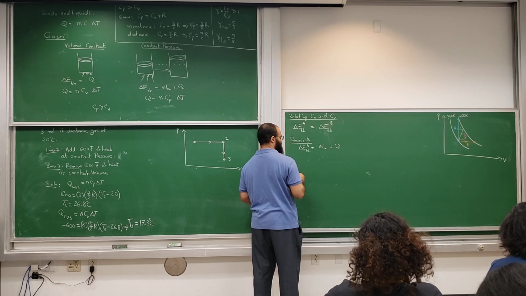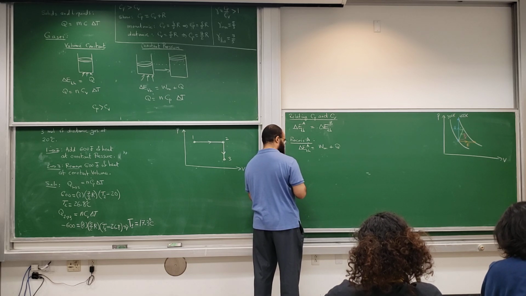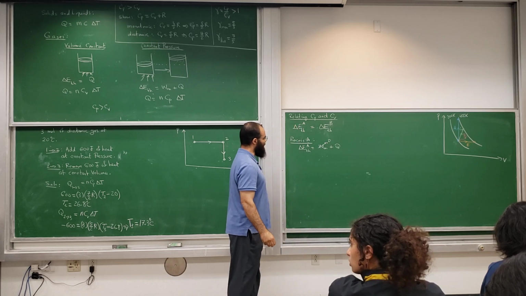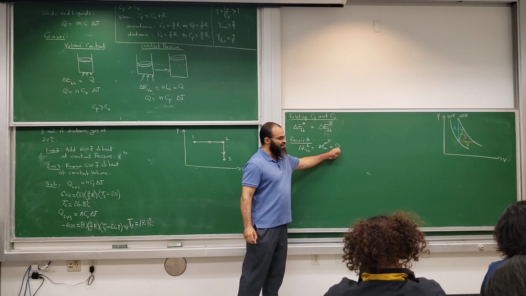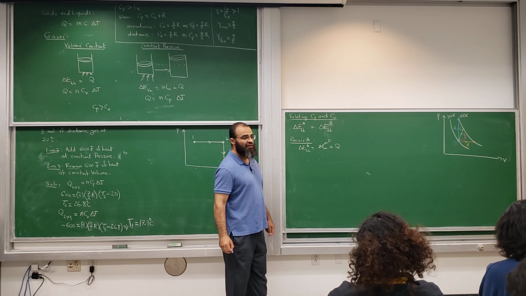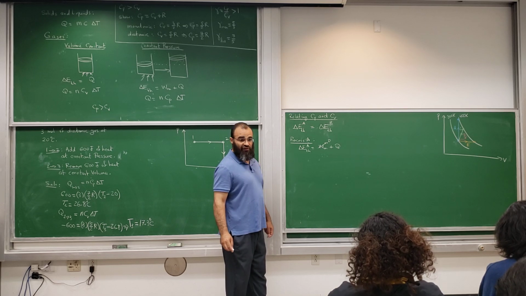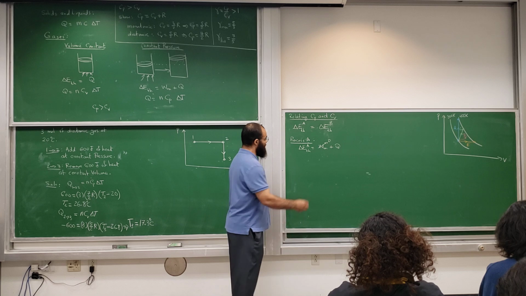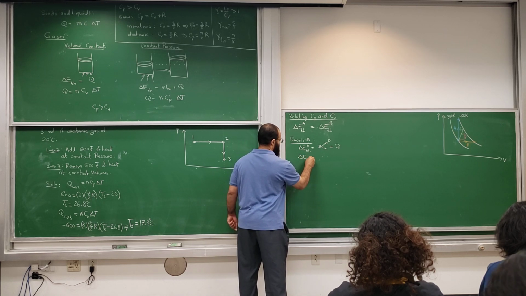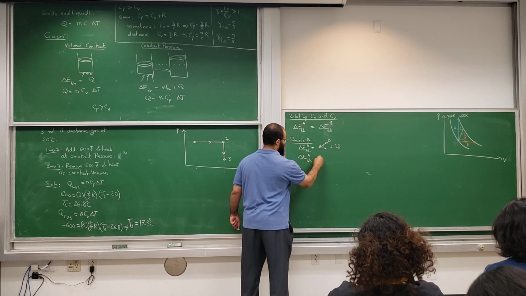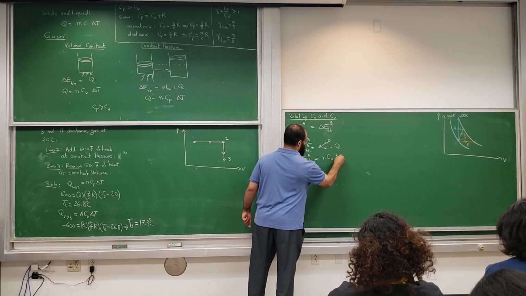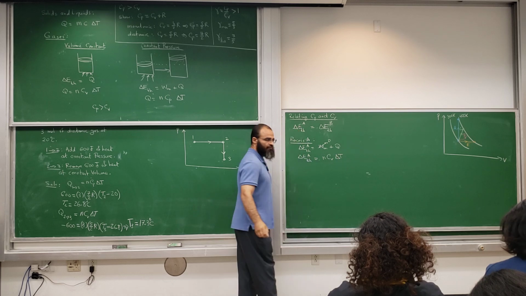Zero, because it's isochoric. Now, how about the heat added in process A? N CV delta T. Good. So delta E thermal in process A is just N CV delta T, so Q was eliminated by that.